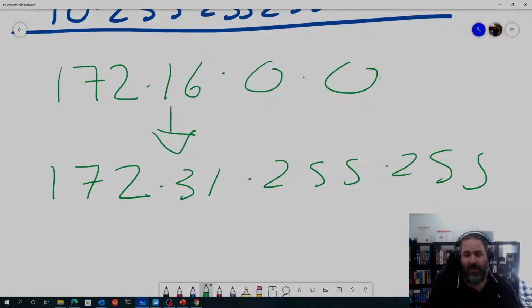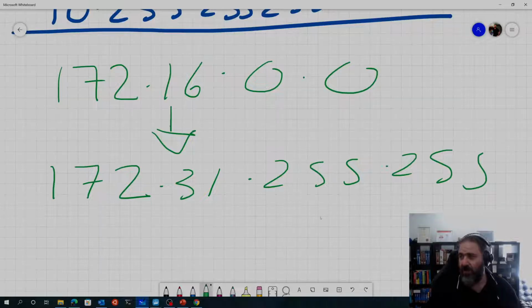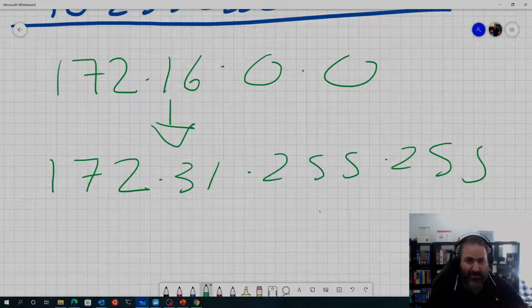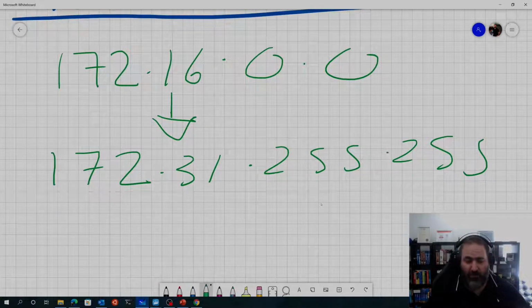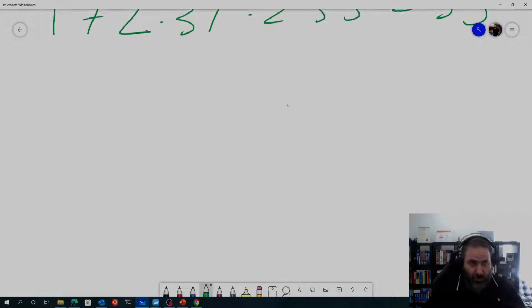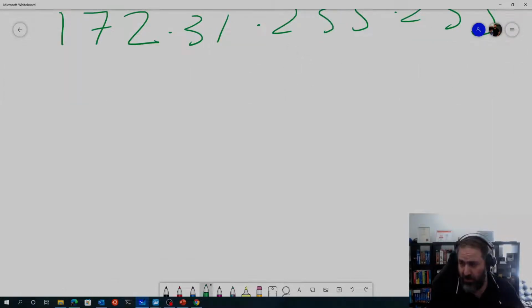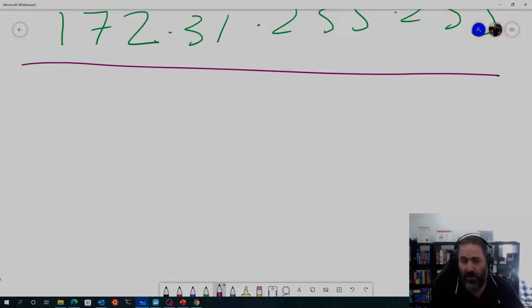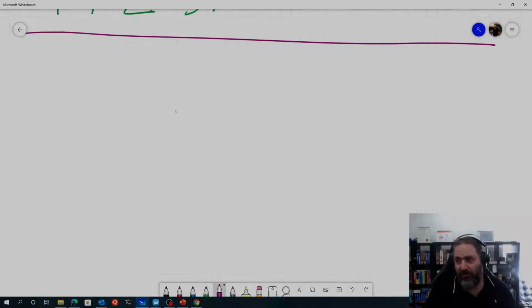That's another private address range. Remember, these addresses are not publicly routable, only for private use. You could, if you want to, use any IP address you want within that range on your home network. What you can't do is get another IP address that's out there on the internet unless you pay for it. And they're very expensive, so I probably wouldn't worry about getting one.